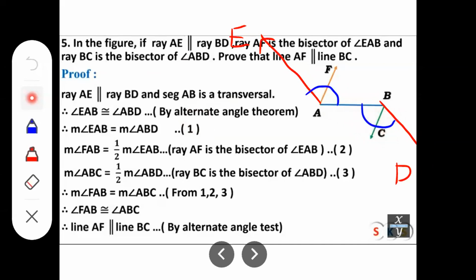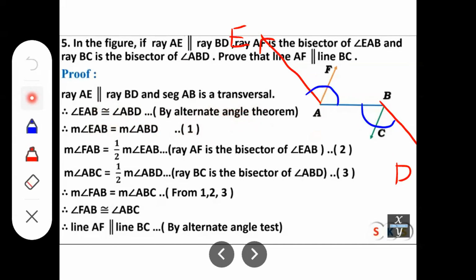And as the lines are parallel, the alternate angles are congruent to each other. We learned that property. Angle EAB is congruent to angle ABD, because of the alternate angle theorem.